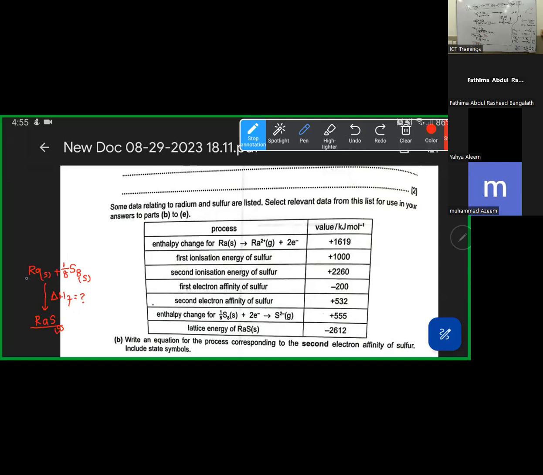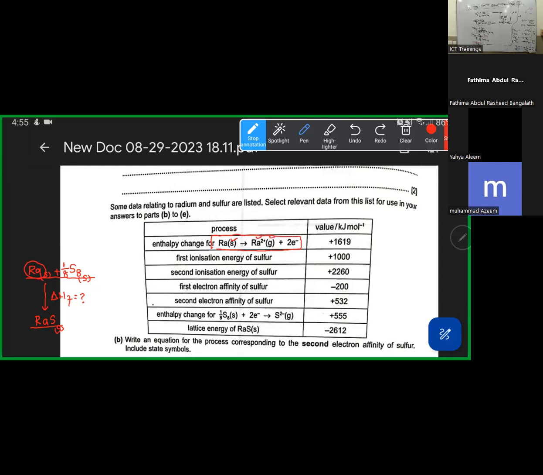Online students, did you get it? Yes, sir. Now you know that we have to change this element first of all into a gaseous ion. This whole step changes radium solid into Ra2+ in gaseous form.